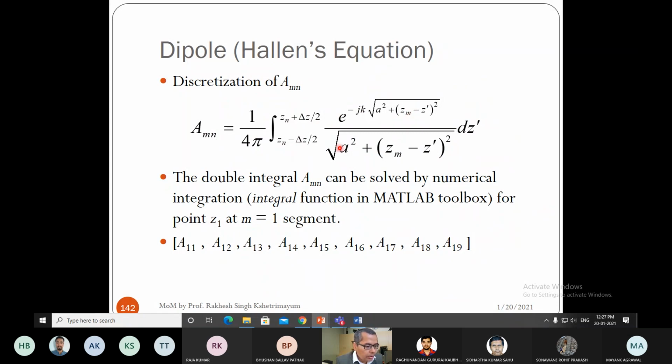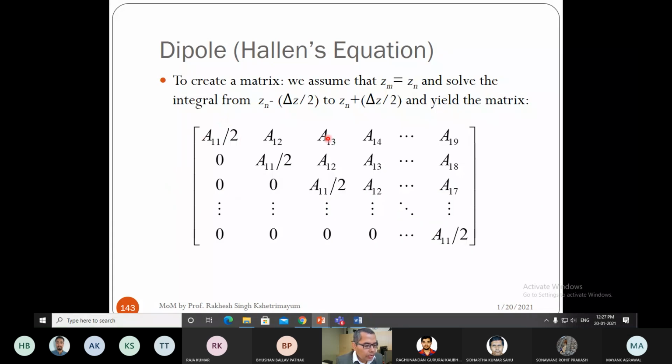Since we have only a single integration here, you can just use integral. Last time, when you had double integration, you used integral 2. Now you can simply use integral, single integration. You just find the first row of the Z matrix and you can fill up the matrix like last time. So the first row is this, you can see that this is the same here. You can just fill up, this is the same here, this is the same here, and so on.